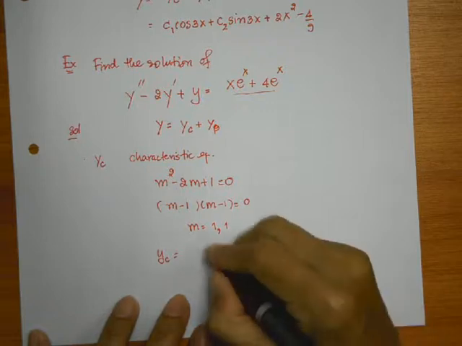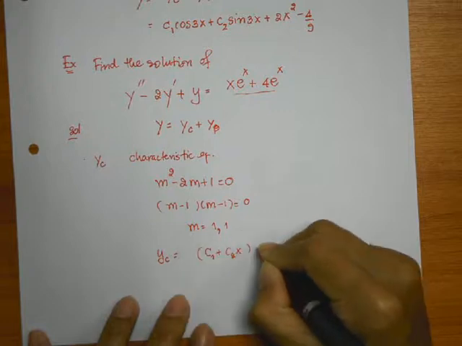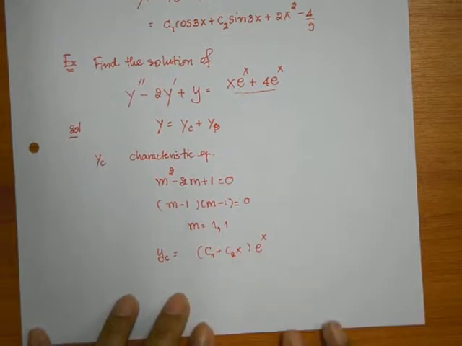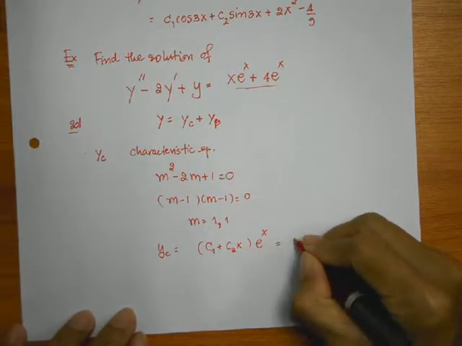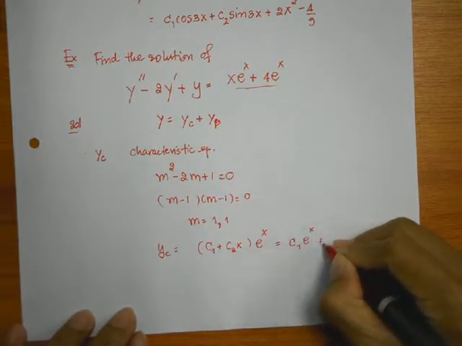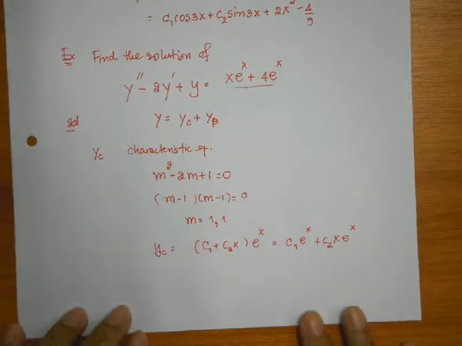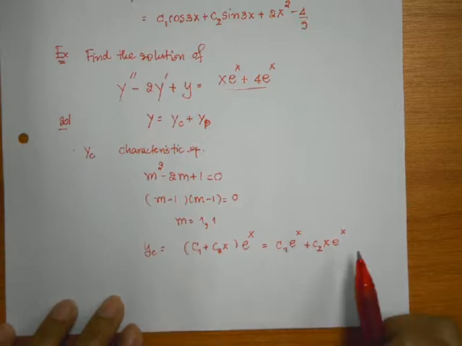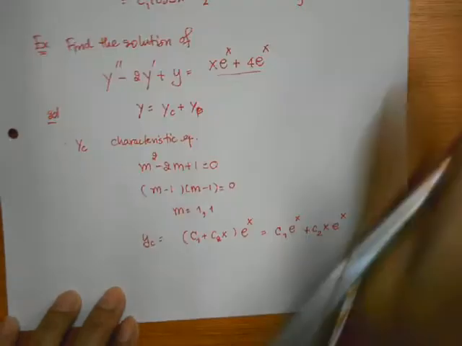Okay, c1... Now, let me write it down this way. Okay, so if you take a look at the function in yc, you have exponential of x and x times exponential of x.